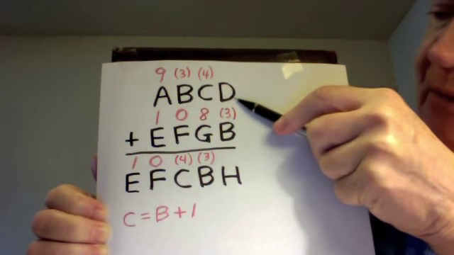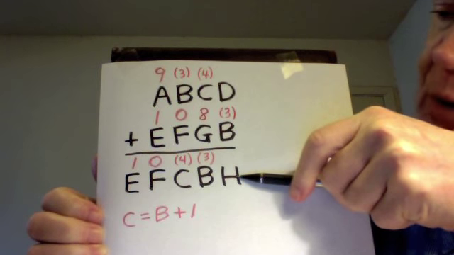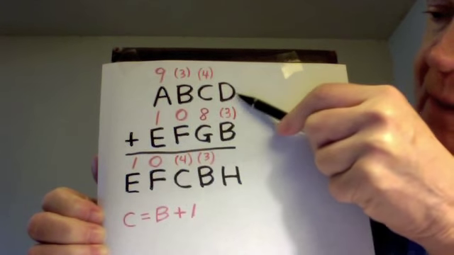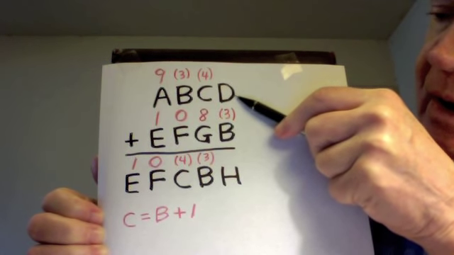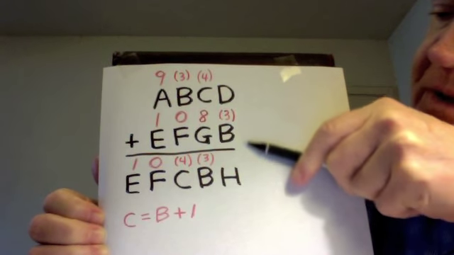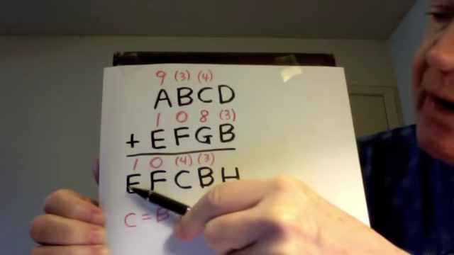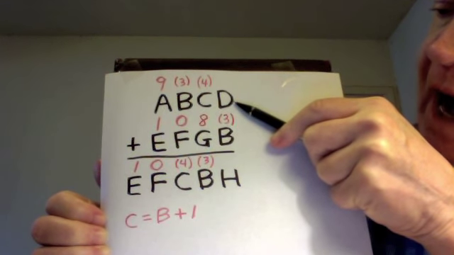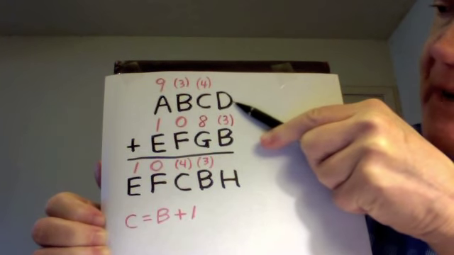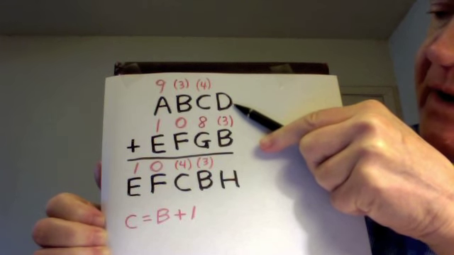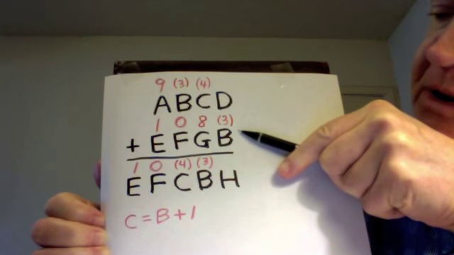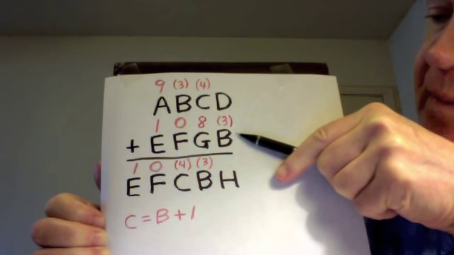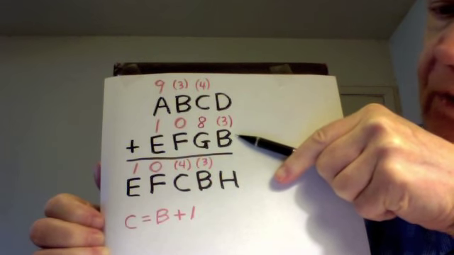D might be 7, but that makes H 0. 0 is already taken, so that's not possible. If D is 8, H is 1. 1's already taken. If D is 9, D can't be 9 because 9's already taken. So this is a contradiction. B cannot equal 3.